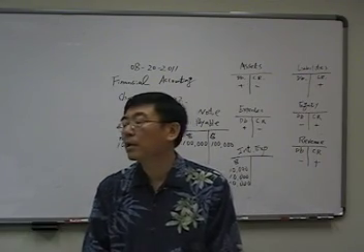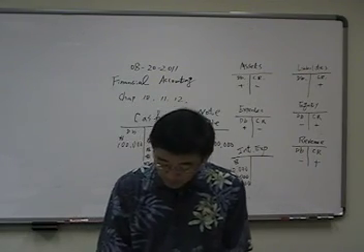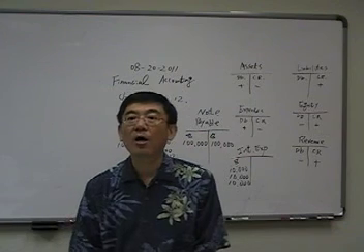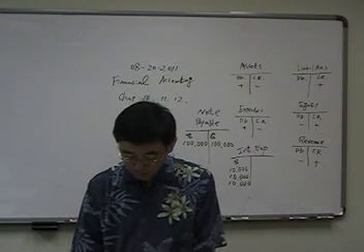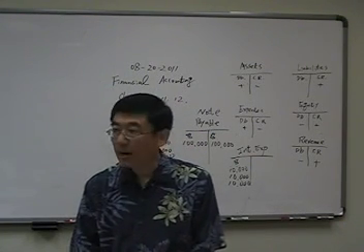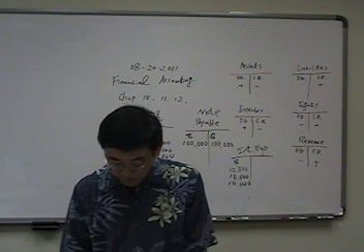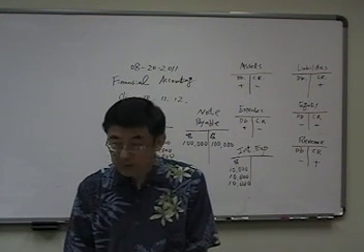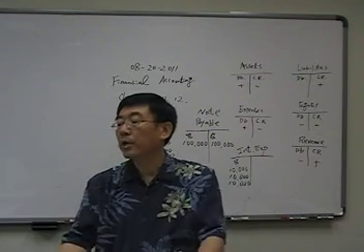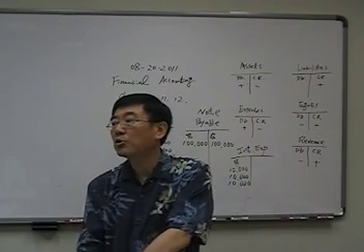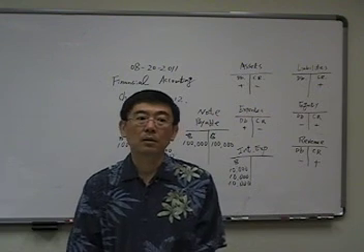Same thing, okay? We calculate the present value of 100,000. Again, we use the market rate. So that number is 0.6806. And you can also go to the back page, A-1.